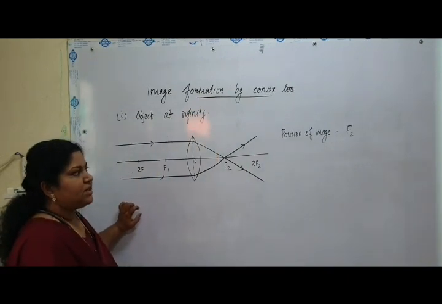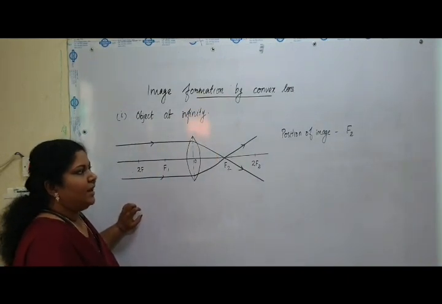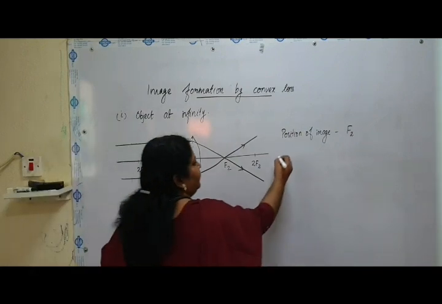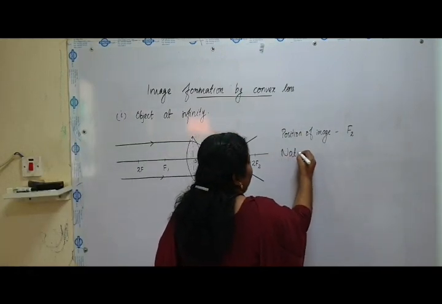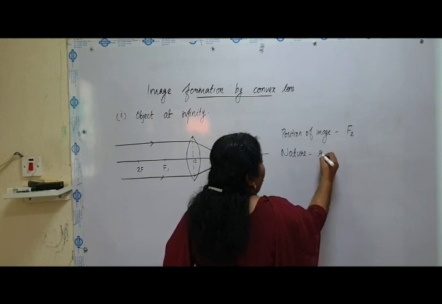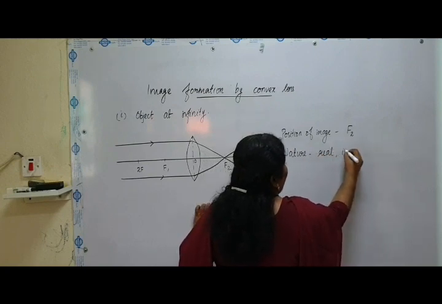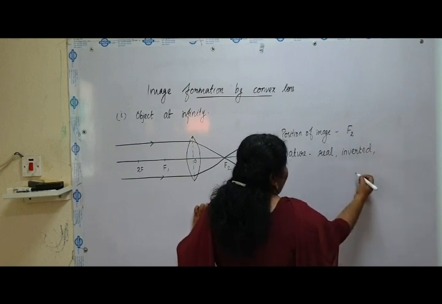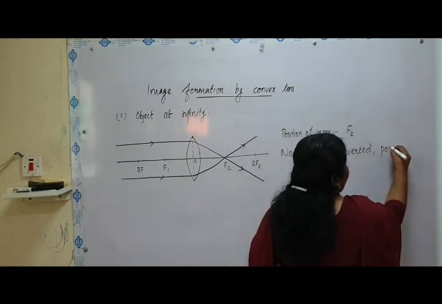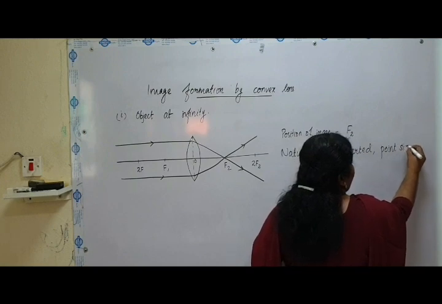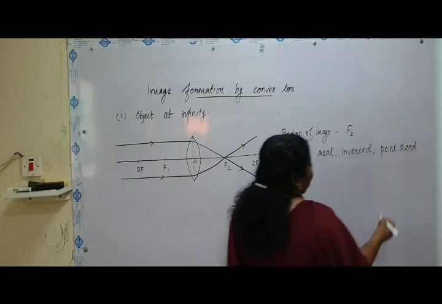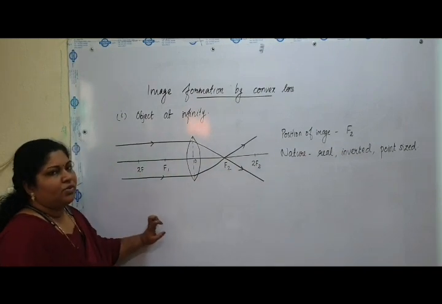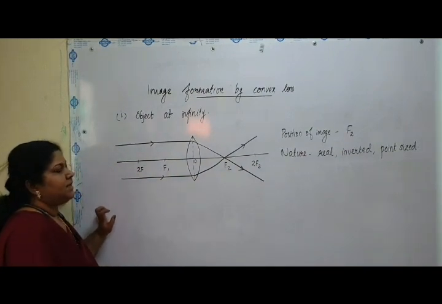In the second focus it will form the image, and nature of the image, it is real, inverted, point sized. So that is the case when object is at infinity. I hope you understood when the object is kept at infinity.